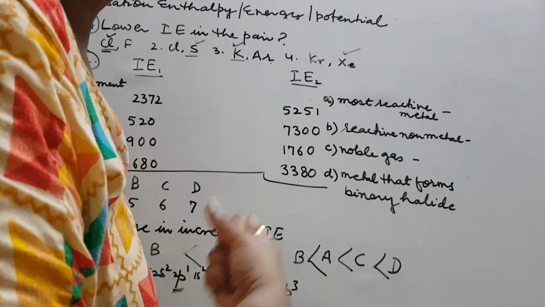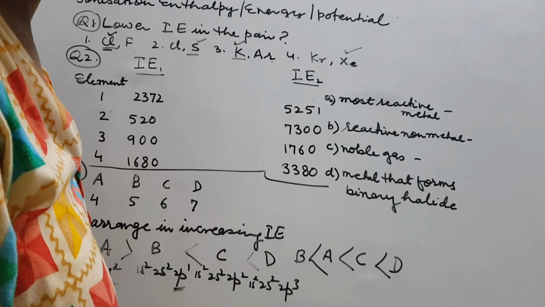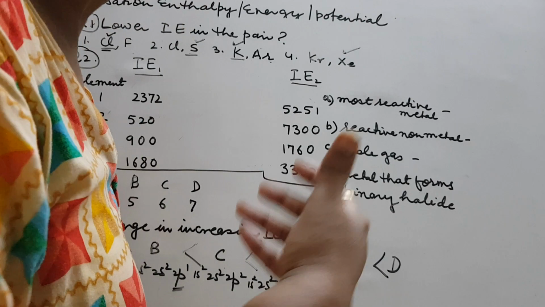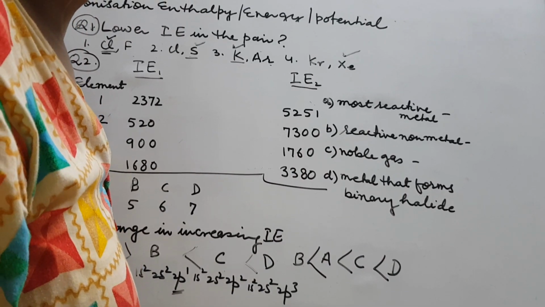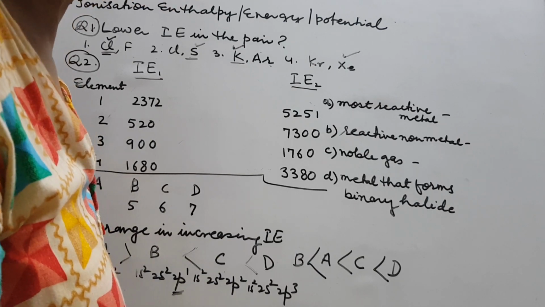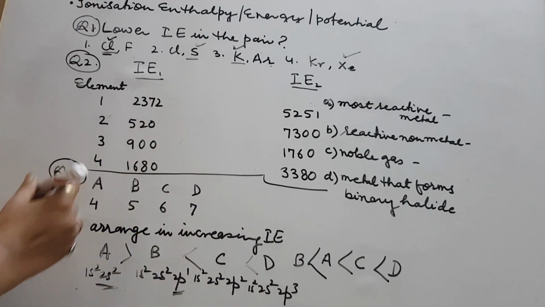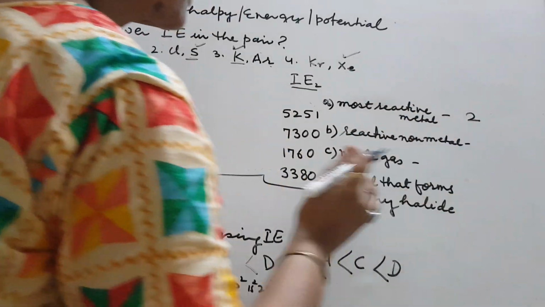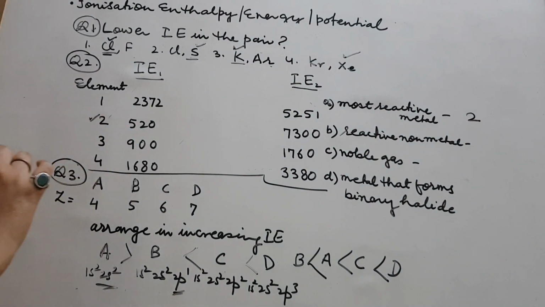So whichever can give out electron easily, the fastest, will be the most reactive. So this has the lowest IE value, means our metal number 2 should be the most reactive metal. I hope you have understood.